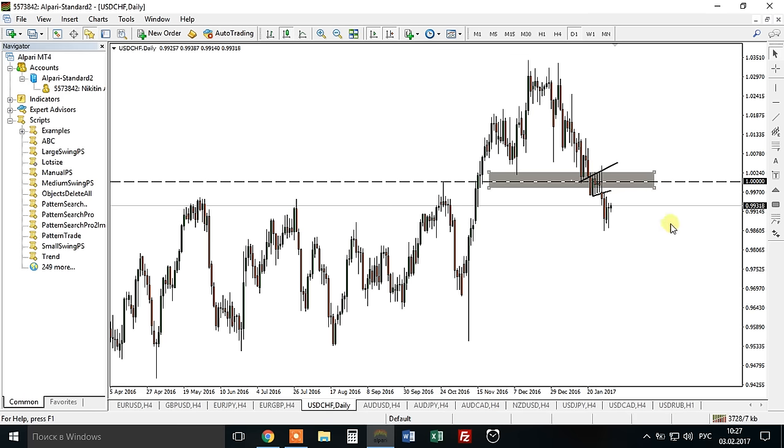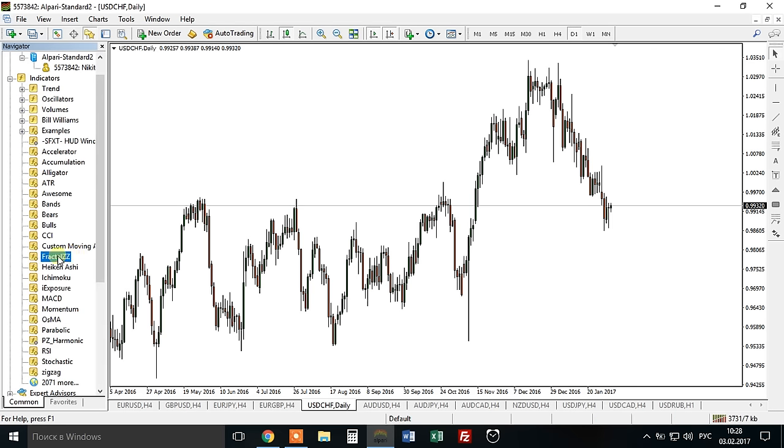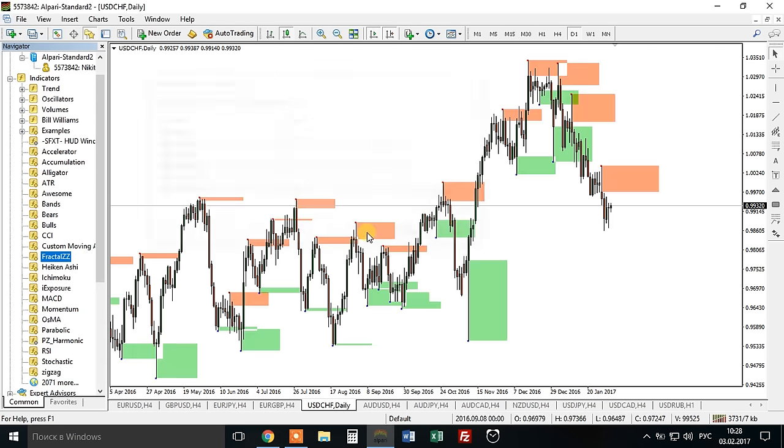Okay, if you guys have some problems identifying support and resistance zones, major pivots, and reversal points, I advise you to use the fractal zone indicator. It is very helpful.